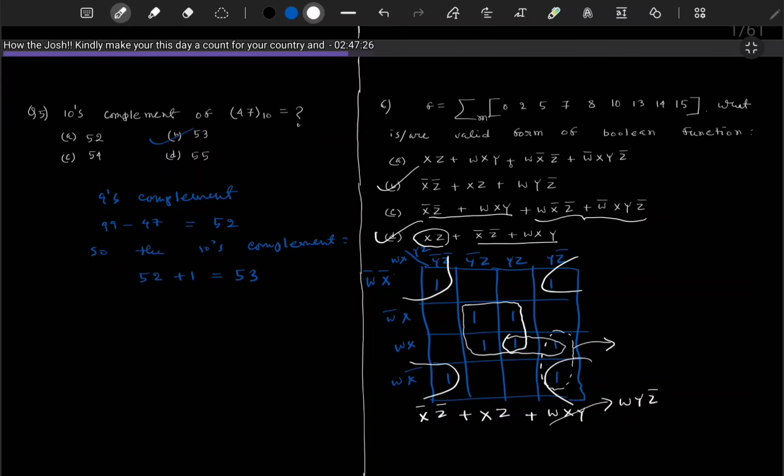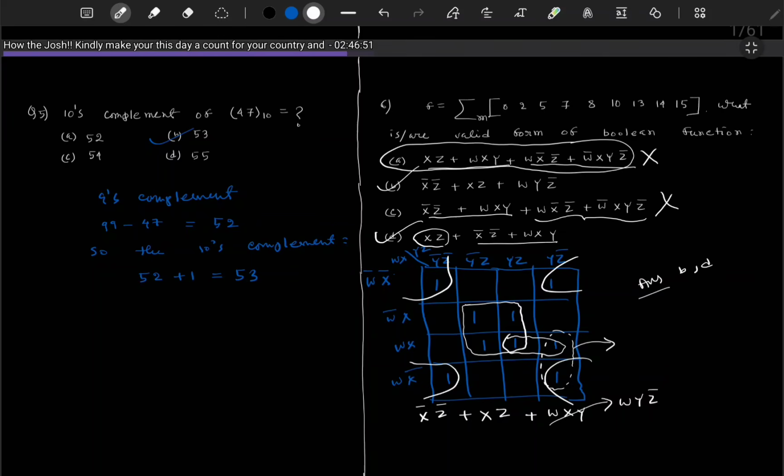Similarly here, this and this term, we also cannot find through k-map. So you are neglecting these two. So options B and D remain.